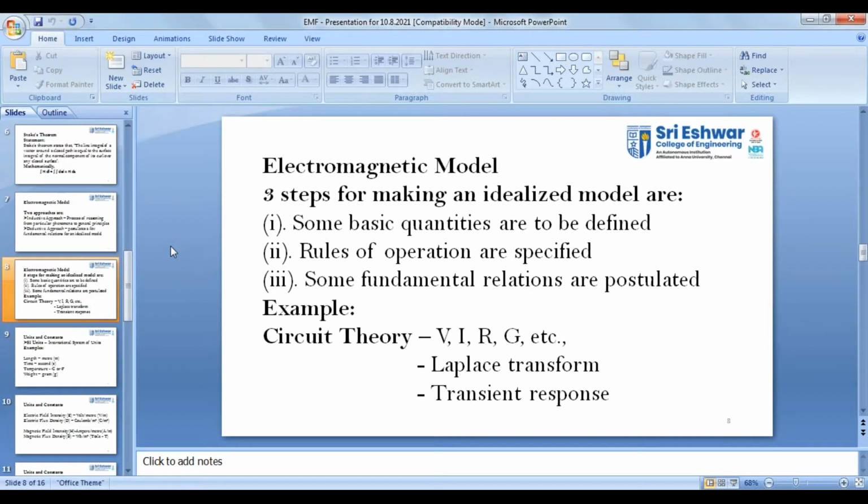To make an idealized model of an electromagnetic model, we have some steps. The first step is that some basic quantities have to be defined.